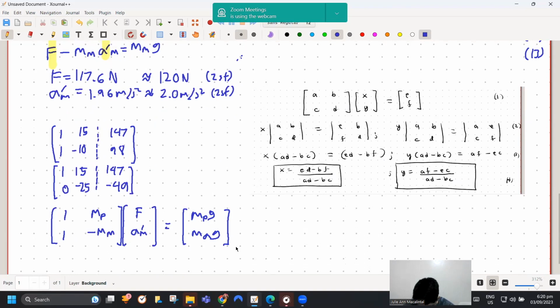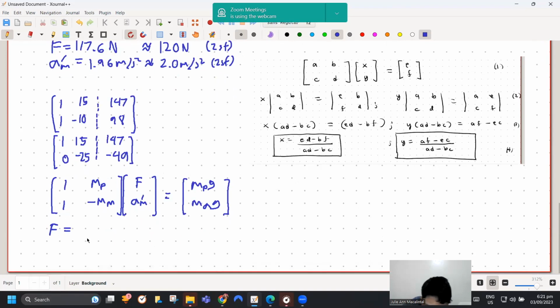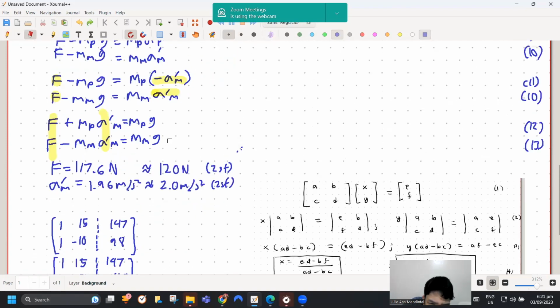So from there the solution is F is equal to, oh, okay. So there's already a solution.